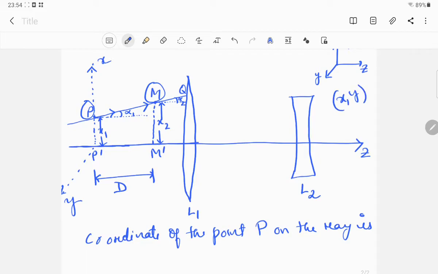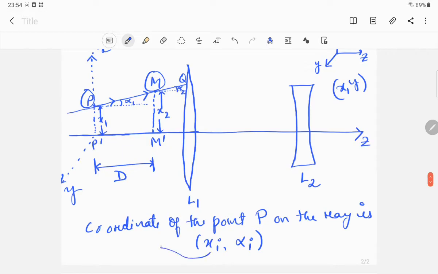So here also we will define some coordinates. That will be defined as x_i, alpha_i. Now you can understand what x is. x represents the height of the ray of light from the principal axis, because you can see that this is the x, this is also the x. So this is nothing but the height of that ray from the principal axis.